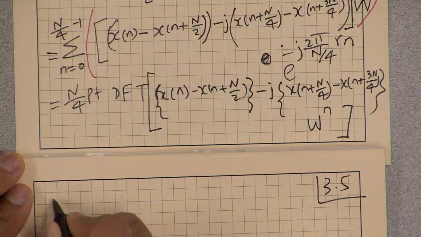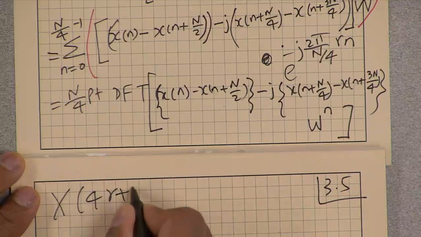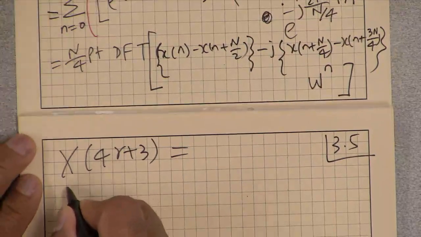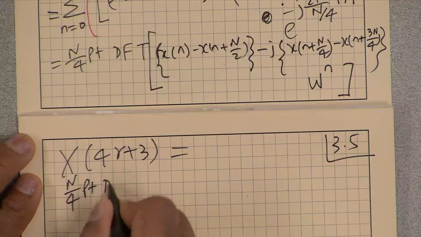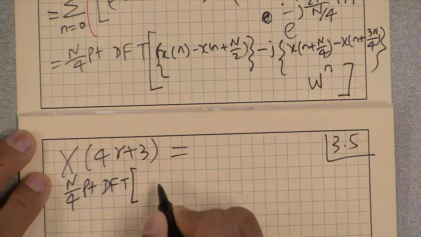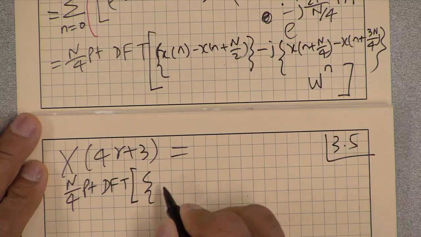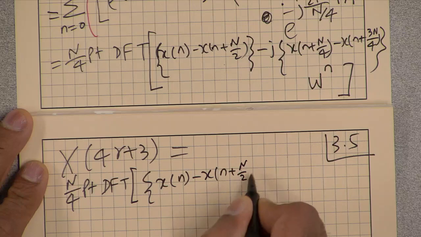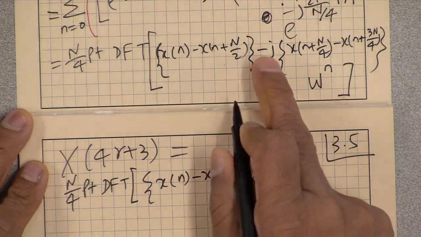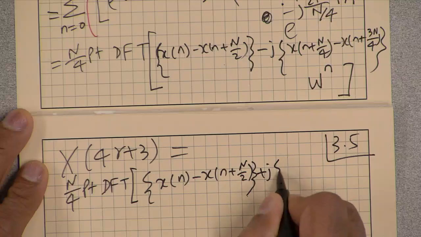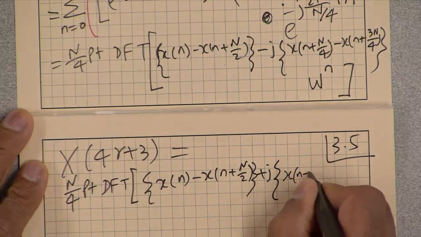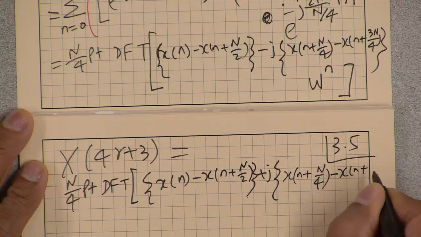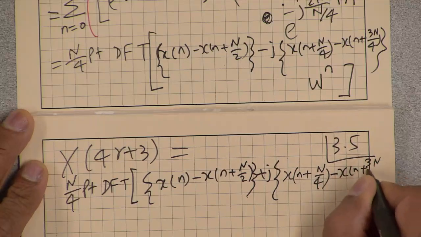So x 4r plus 3 is going to be the n by 4 point DFT of xn minus xn plus n by 2, that minus j will become plus j, times xn plus n by 4 minus xn plus 3n by 4.